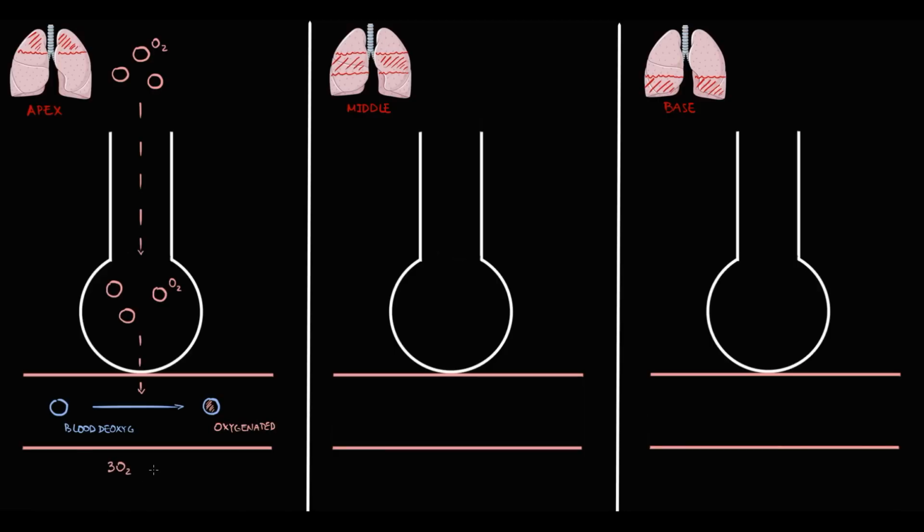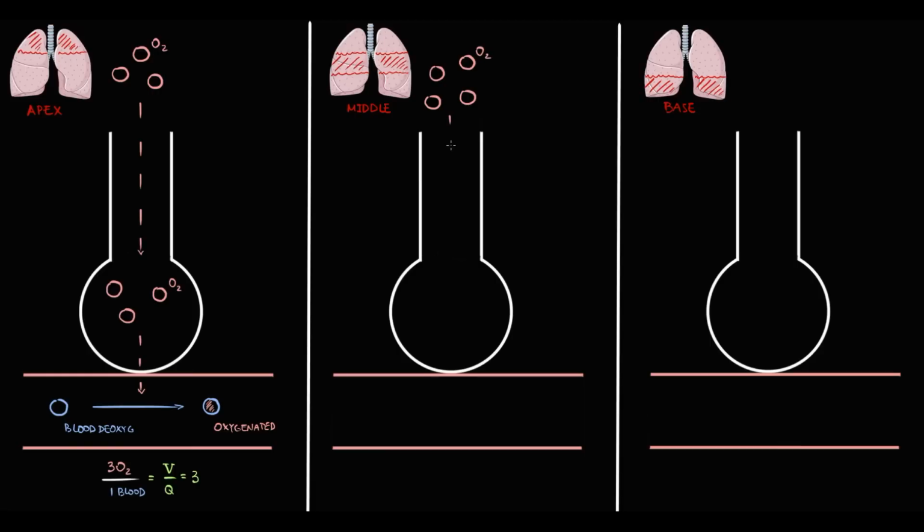So in the apex, there are 3 units of oxygen that reach the alveoli, but there is just 1 unit of blood that can pick up oxygen, and this creates a VQ ratio of 3. In the middle, the general concept is the same.